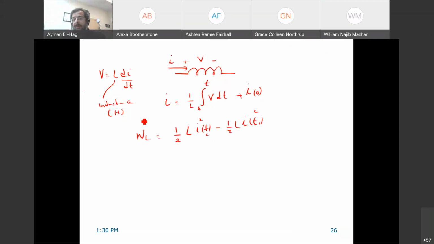If the inductor was initially not charged, then the energy is 1/2 L i squared. And we said that there is a sort of duality between the inductor and the capacitor. Each time you see V changes to I, L changes to C, I changes to V, and then you will see the capacitor relation directly.